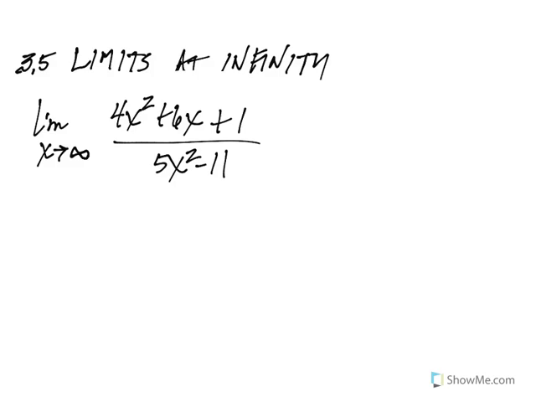Now think about what you're doing here. You're plugging in gigantic numbers for x. So I think you might agree that if I take 1 trillion, for instance, and I square it and multiply it by 4, the fact that I either add 1 to it or add 6 trillion to it doesn't really matter. It's this term right here that determines the behavior of the top, the numerator.